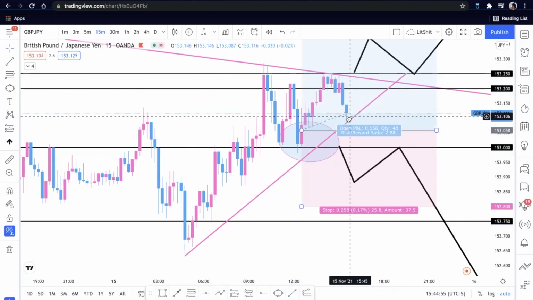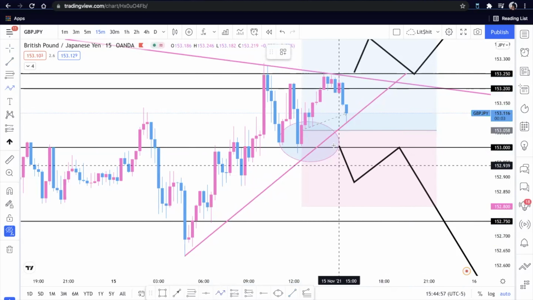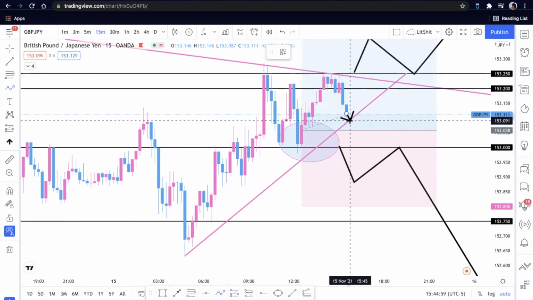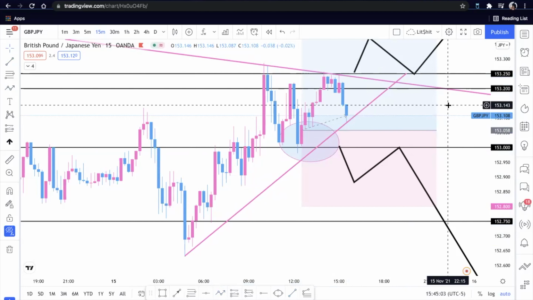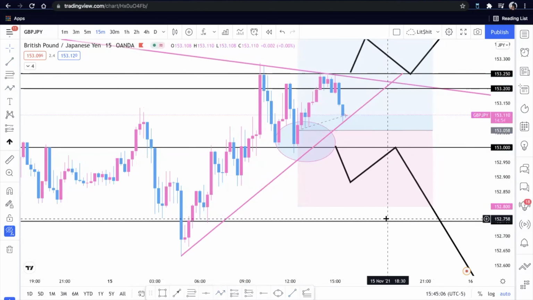If price does not break this wick, what we are going to be expecting is price is just going to bounce off and continue up. Okay. But we're just going to wait and see. It is 3:45 right now. So I will be coming back with more updates, you guys.